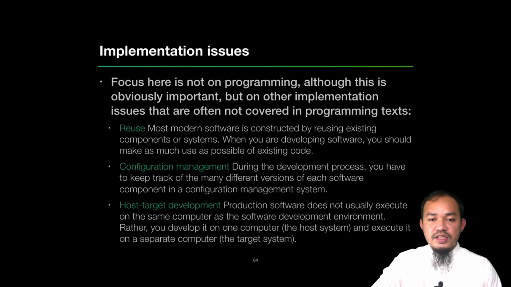Configuration management. During the development process, you have to keep track of the many different versions of each software component in the configuration management system. We keep tracking from the requirements, by using version control such as Git. We track the versions of requirements, because requirements may change from one point to another.